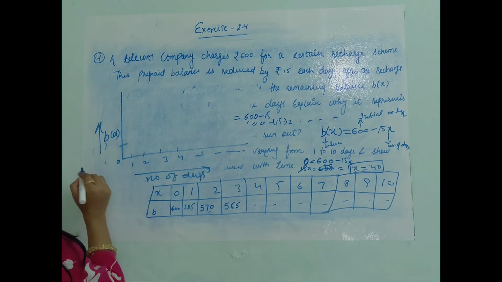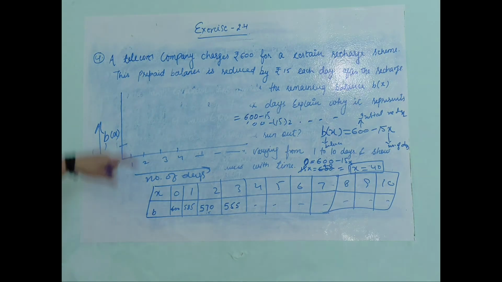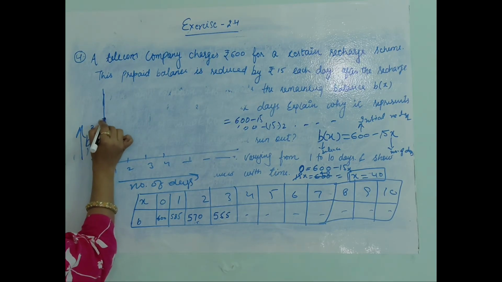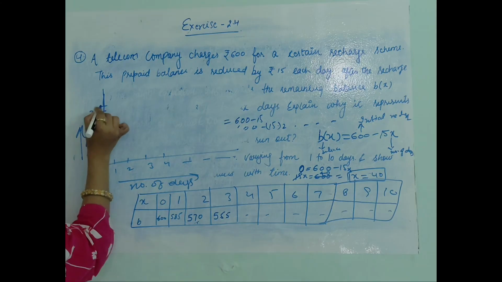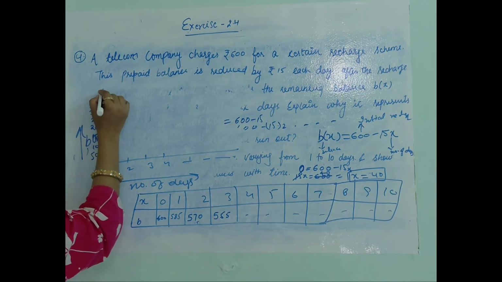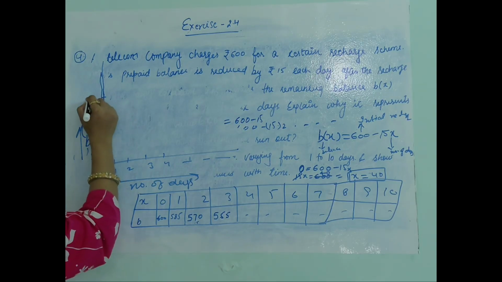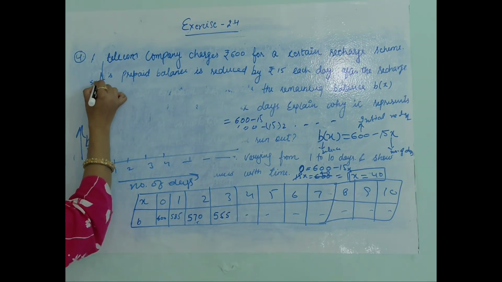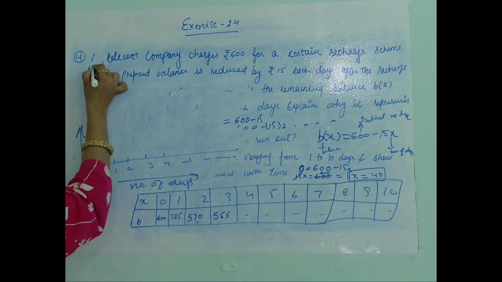Here the balance initially starts from 600 and then it will come down: 550, 500, 450, 400, 350, 300, 250, 200, 150.